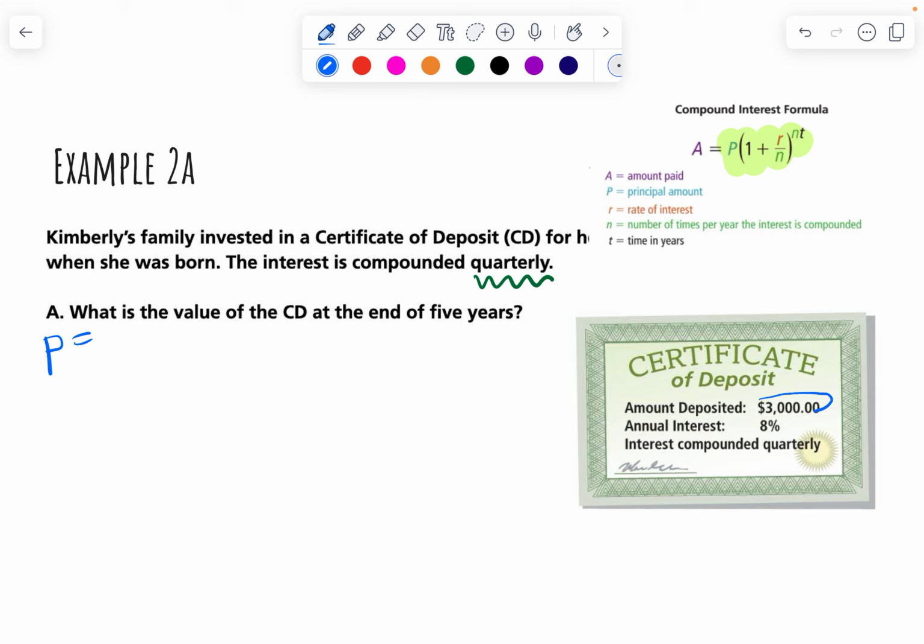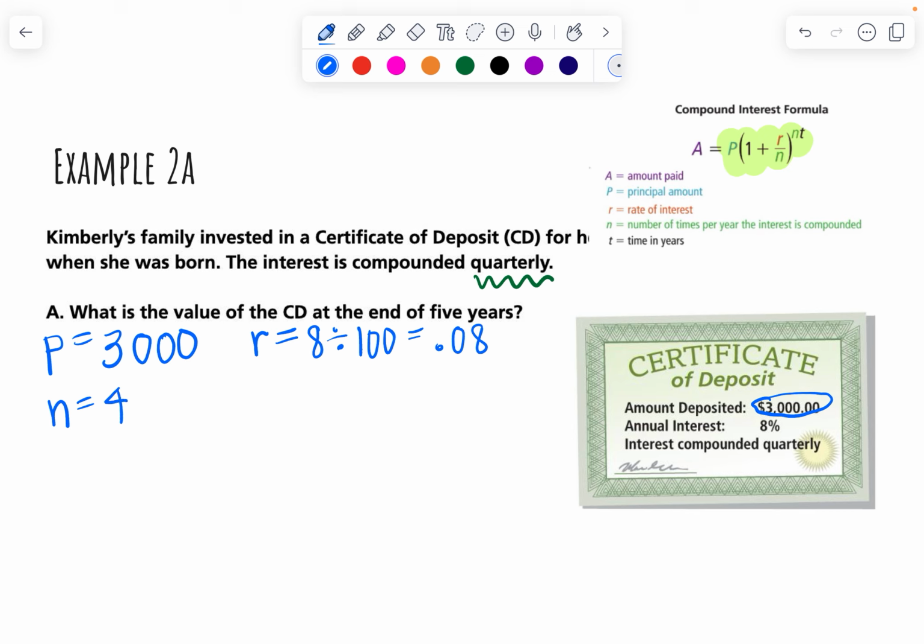Here, according to this picture, P is 3,000. The interest rate is 8%, so I'm going to do 8 divided by 100, which is 0.08. N, it says it's compounded quarterly, so n equals 4.